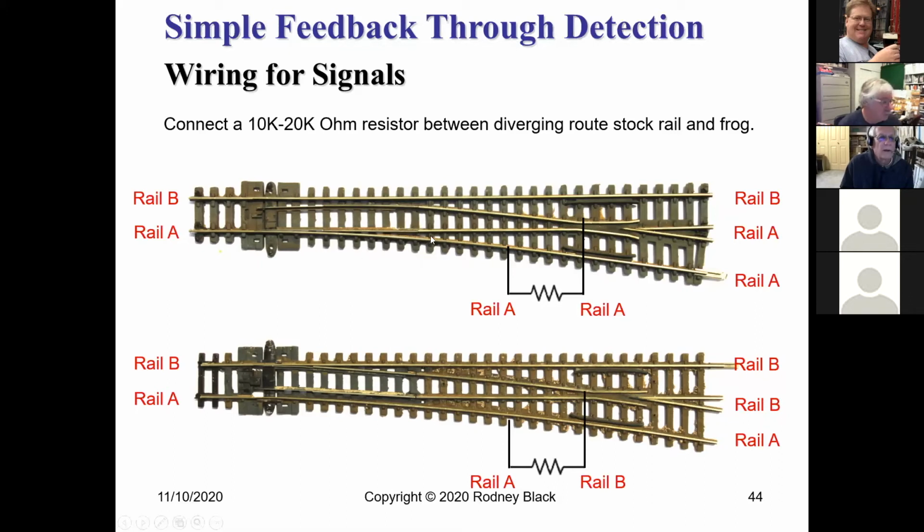So consequently, when the turnout is thrown for the normal route, there's no electricity conducting through here, and your detector will be just fine, and it'll show occupancy when a train goes through. If you throw it the divergent route, you now have opposite polarity between the frog and the stock rail, and you have electricity flowing through the resistor, so consequently it shows detected.